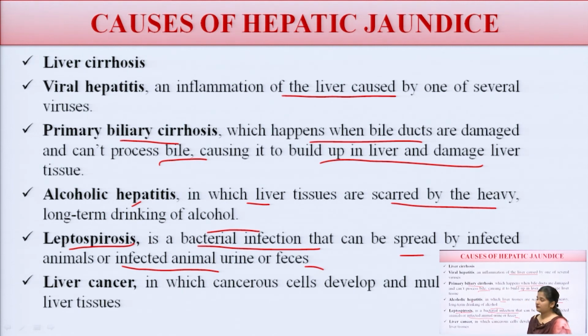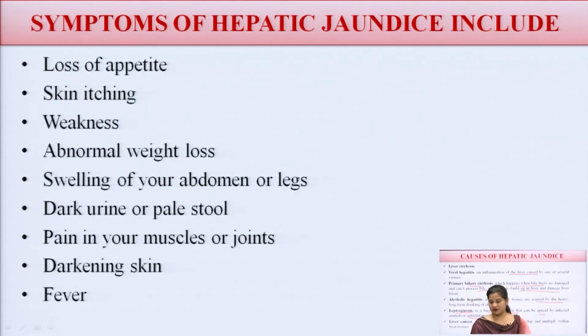Liver cancer: when the person is suffering from prolonged or chronic hepatitis or liver cirrhosis, the person may develop liver cancer, which means cancer cells develop and multiply within the liver tissues, and this is just because of continuous liver cirrhosis or hepatitis.